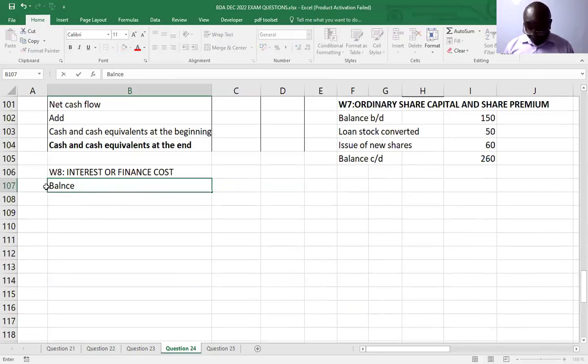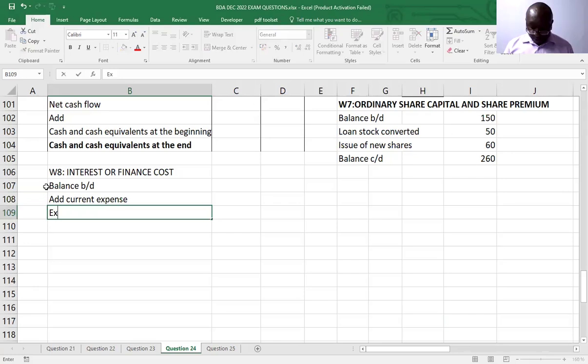So balance brought down. Then you add annual interest or the current expense.